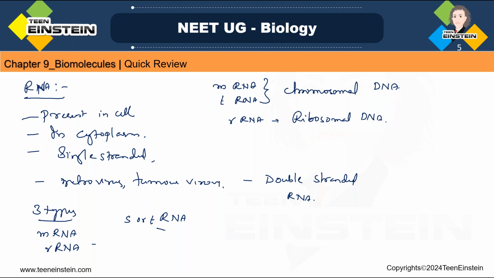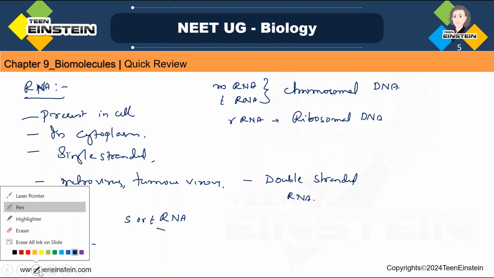So this is about RNA, and all these points are in the previous year question papers. At least try to remember these many points; minimum these many you need to learn.